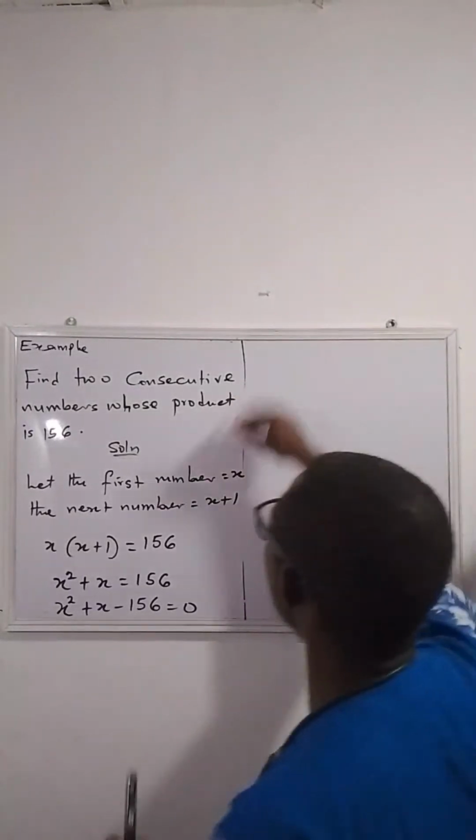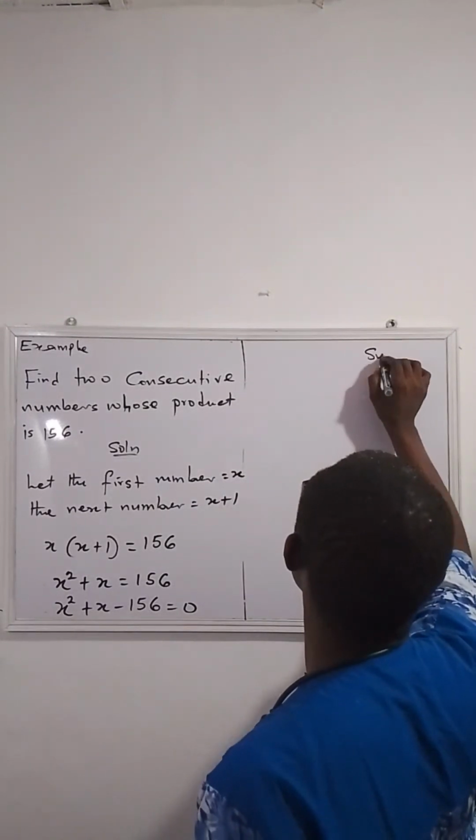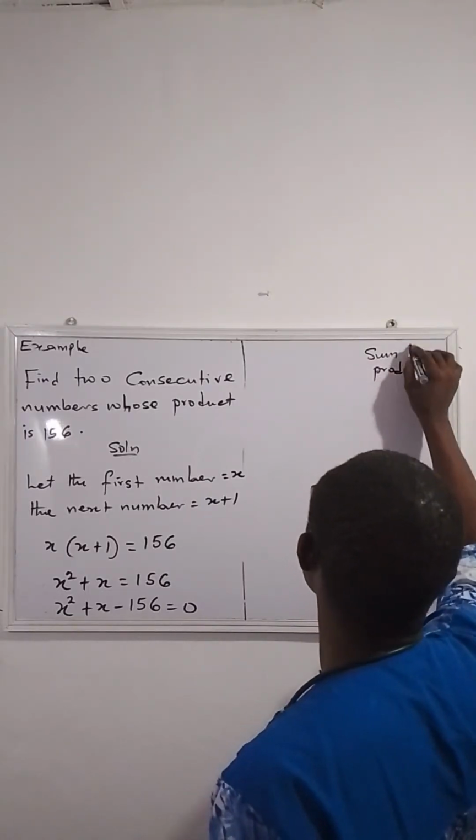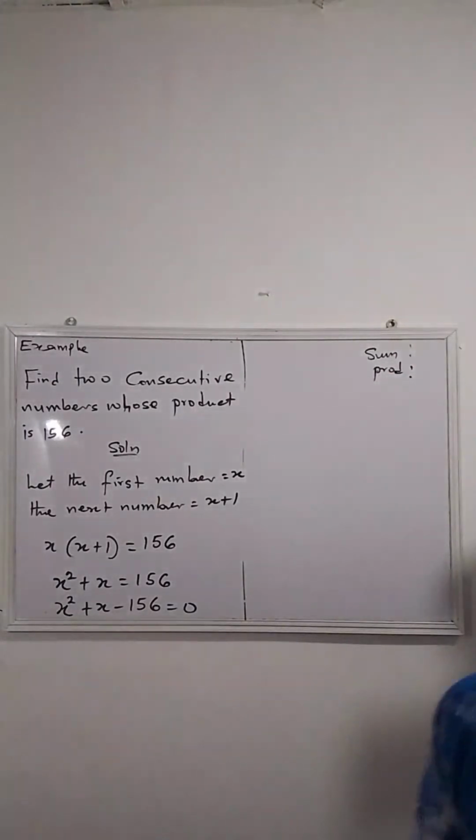So what is the sum and what is the product? Yes, class. What is the sum and what is the product in that equation? Okay, yes, I can see Agbode. What is sum and what is product?